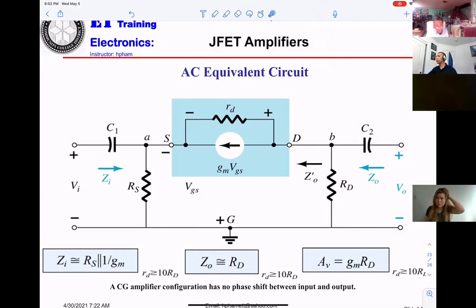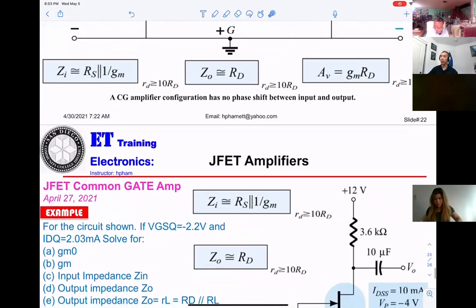We don't care about small rd. And the gain will be equal to gm times RD. However, make sure you understand that if you get a load in here, then that load must be in parallel with the RD. Common gate amplifier has no phase shift between the input and the output.